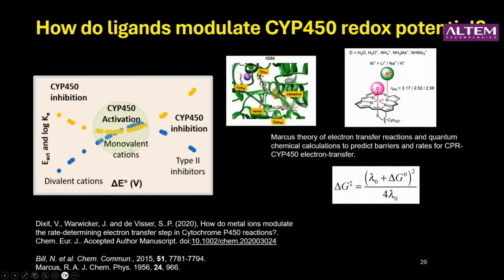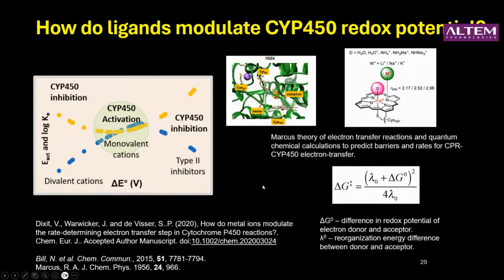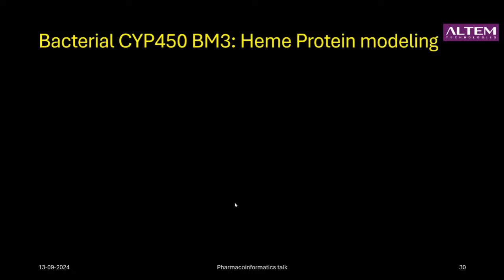And we are successfully able to explain the differences in the behavior of monovalent cations and divalent cations, and even the type 2 inhibitors' behavior can be explained using this Marcus treatment for electron transfer theory. Those who are interested in the details can read these papers and can also write to me directly. I will be more than happy to explain your queries on any of these topics that I have discussed.